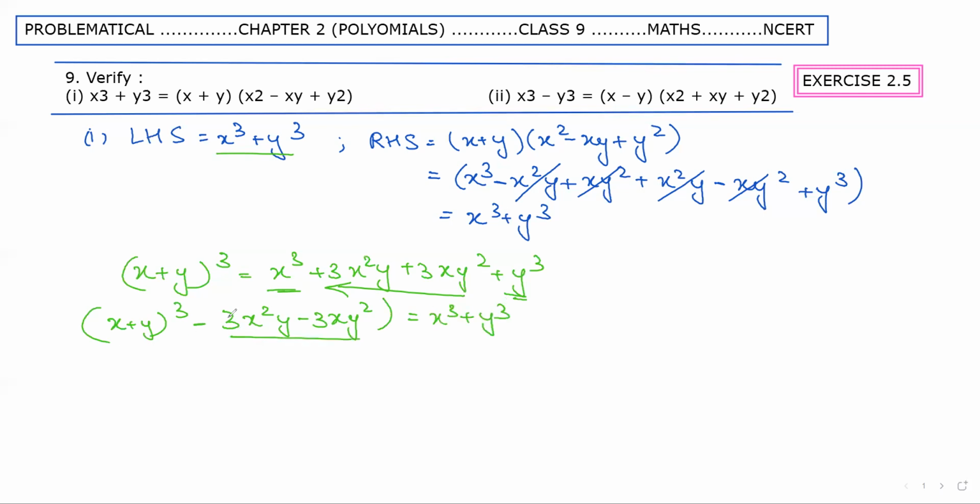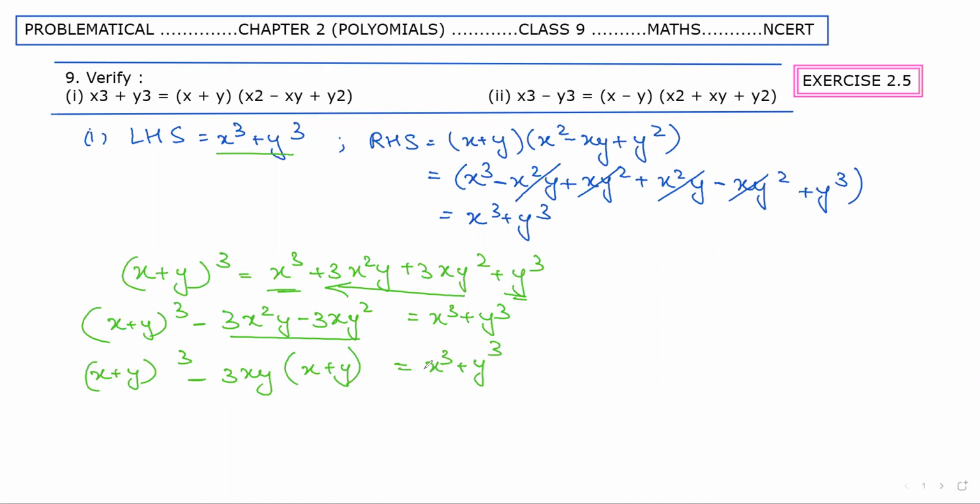Now if you observe, you can take common out of the last two terms on the left hand side. So your first term remains as it is. From these two terms, you've taken minus 3xy common. You're left with (x plus y) is equal to x cube plus y cube.